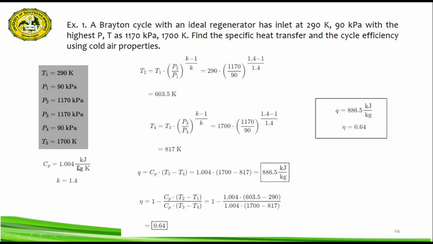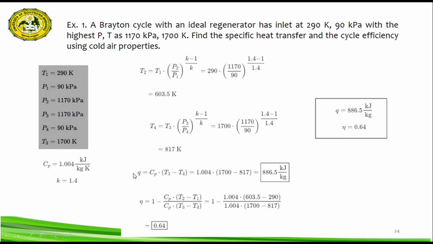So for air, the specific heat is 1.004 kilojoule per kilogram Kelvin, and the specific heat ratio, k, is 1.4.